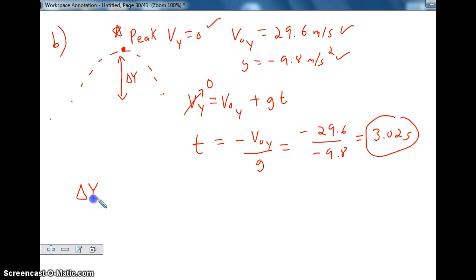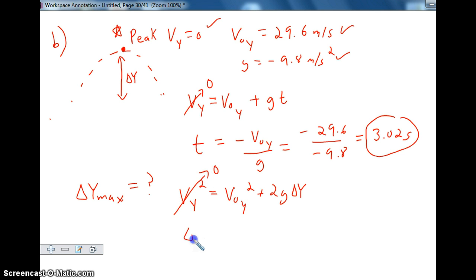delta y max occurs when we plug in 0. The formula will know that that's where we're at. So that's what our goal is to get. Looking down over our equations, with our givens and what we need to find, Vy squared equals V initial y squared plus 2 times g times delta y, and that will be my y max at its peak as long as I plug in 0 here.